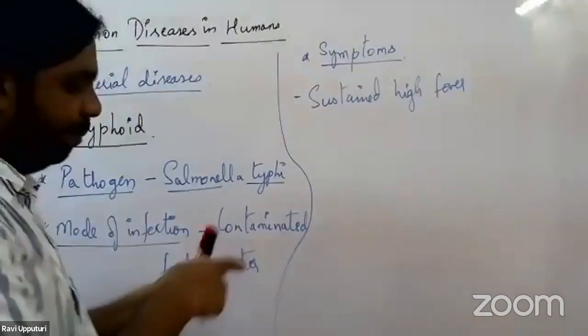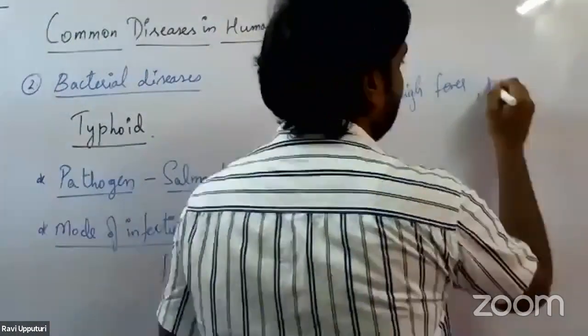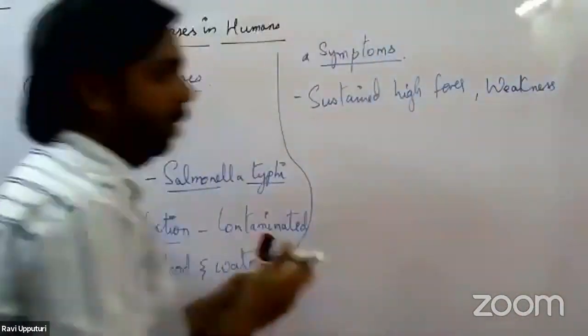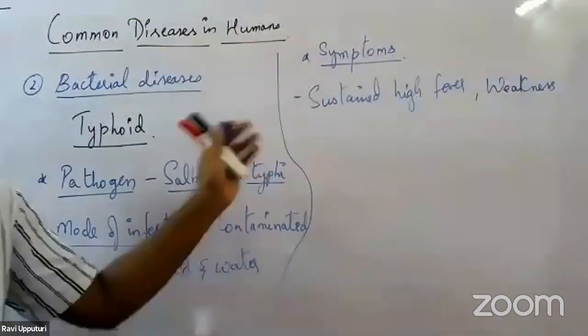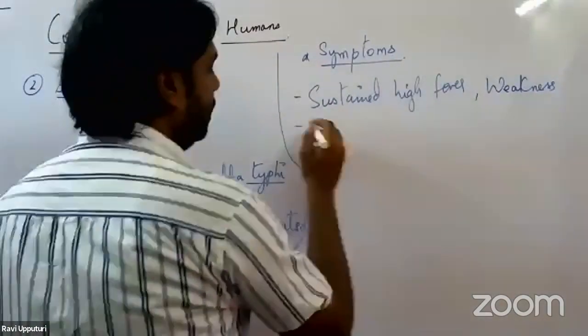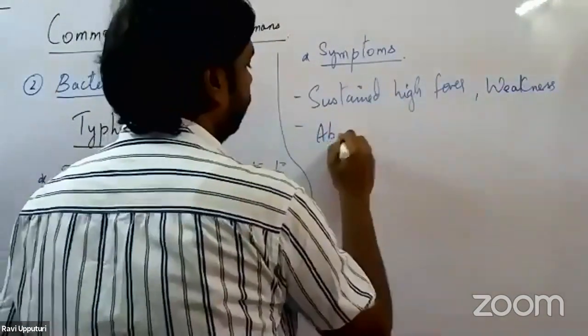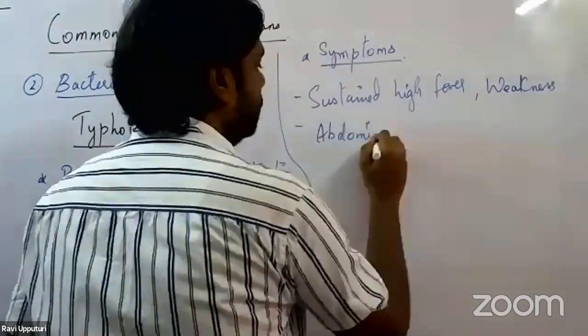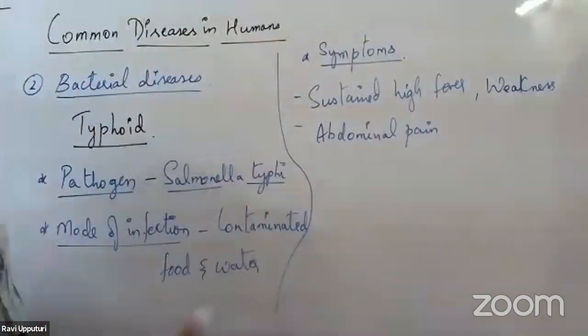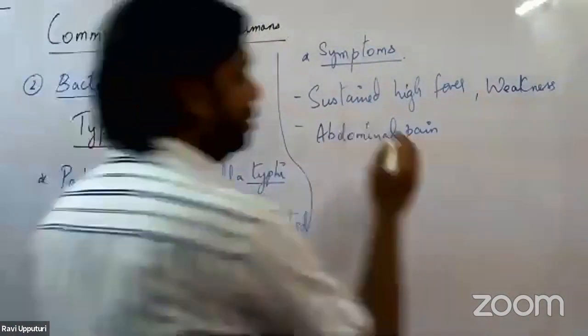Then, along with that, due to this high fever, the individual would suffer from weakness. The body would become weak. Along with that, there is abdominal pain in this particular individual. Along with abdominal pain, other symptoms follow.